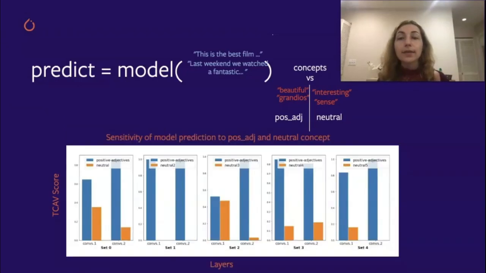Next, we repeat the same experiment and use 5 different concept datasets for the neutral concept in order to determine whether positive adjectives is indeed significantly more important than neutral concepts. As we can see, the TCAF score for positive adjectives is indeed significantly higher compared to the neutral terms across all 5 experimental sets.